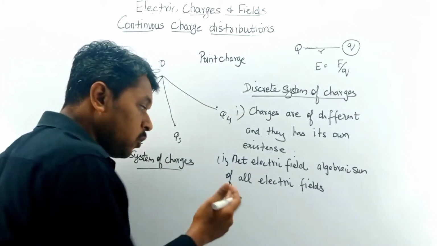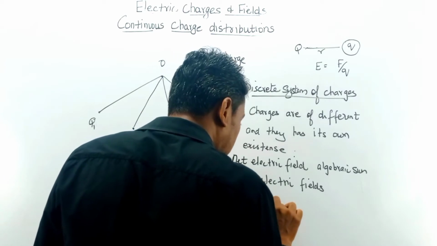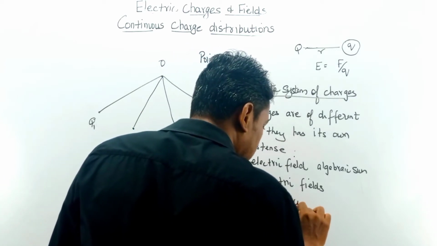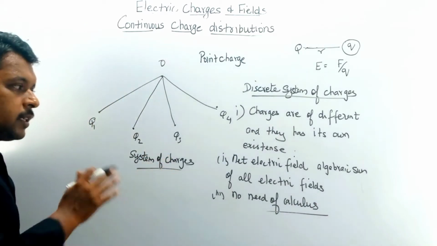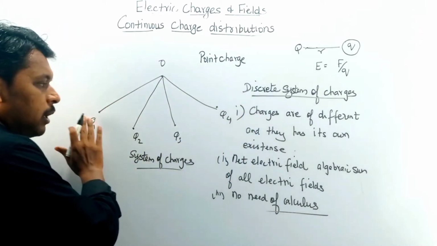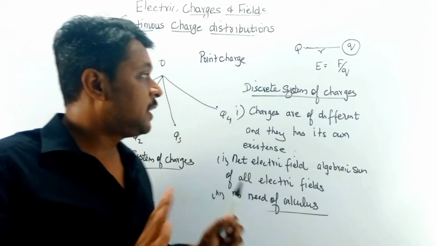There is no need of calculus to find the net electric field. We are just adding up the vector sum of the fields of all charges. So this is about the discrete system of charges.